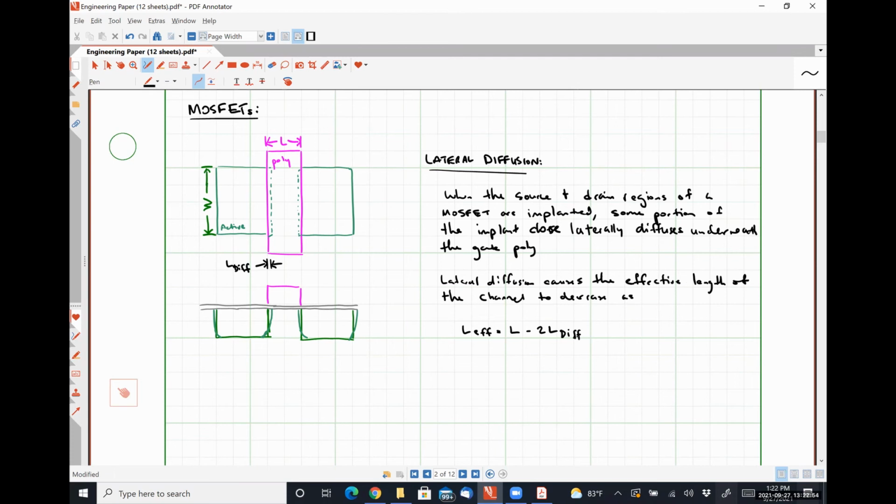But now let's consider what happens when we're doing further processing steps and we're growing oxides and all that kind of stuff, right? What do we do to grow an oxide on a chip? We place it in an oxygen-rich environment and we heat it up. What do you think heating the chip up is going to do to the chances of diffusion?